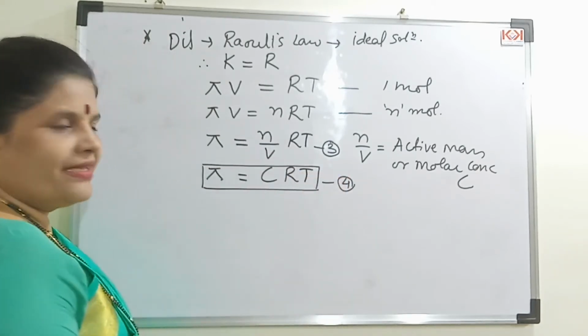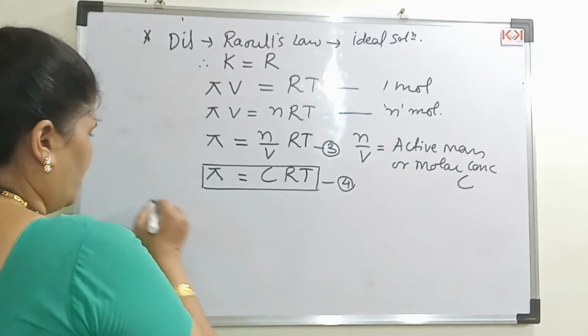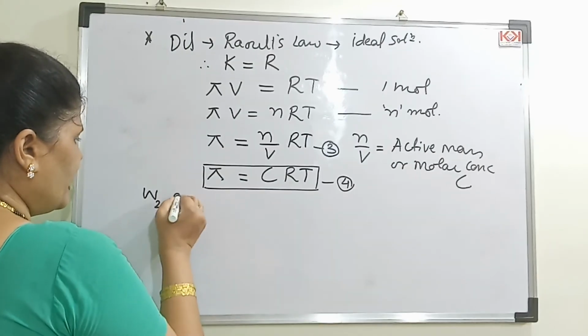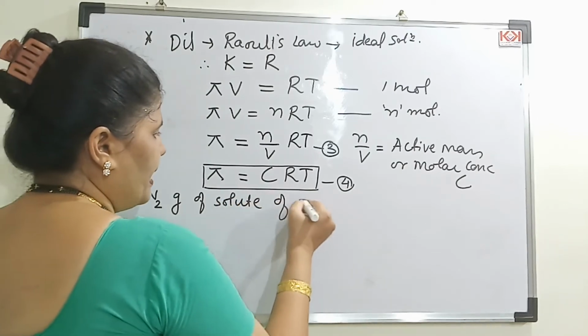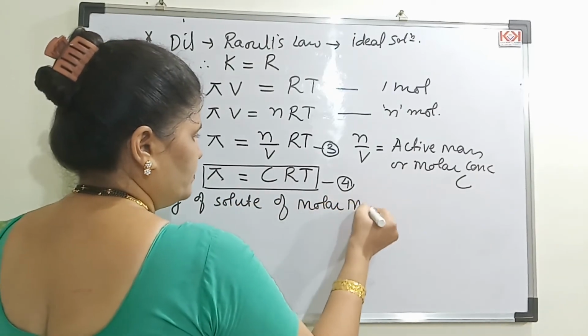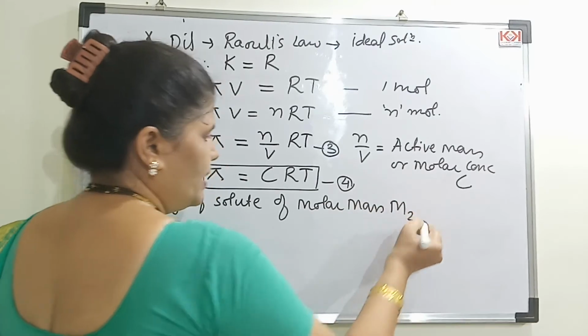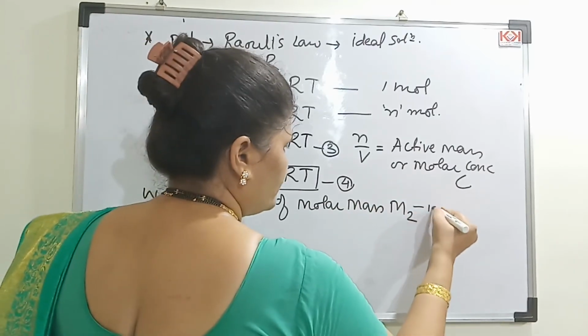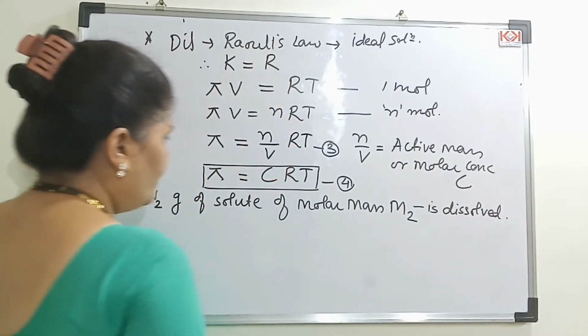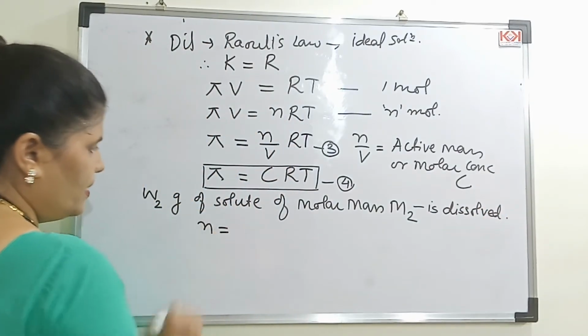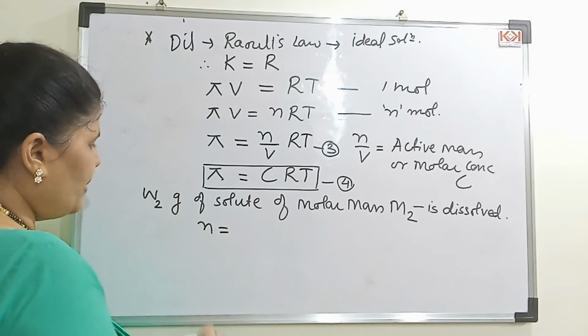Now I want to make some changes in equation 3. If I say W2 gram of the solute of molar mass M2 is dissolved in the solvent, then what is n equal to? What is n, students? n is the number of moles.